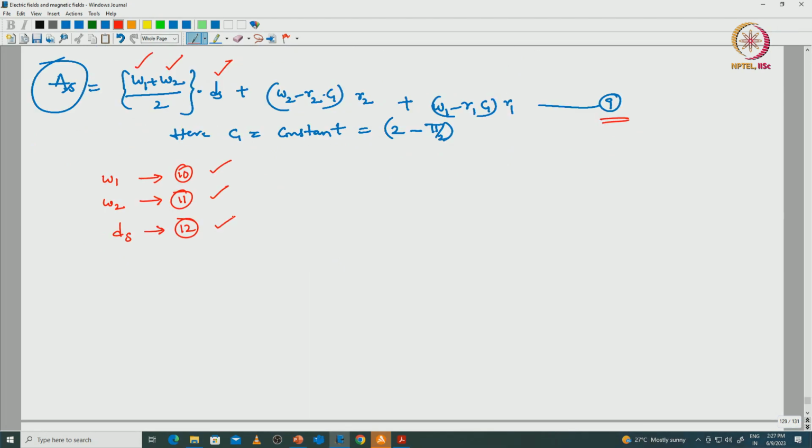Substitute these 3 equations in 9, then area of the slot is equal to W1 plus W2 by 2, ds is nothing but W2 minus W1 into Qs by 2 pi from equation 12, plus the remaining term I am rewriting as it is.